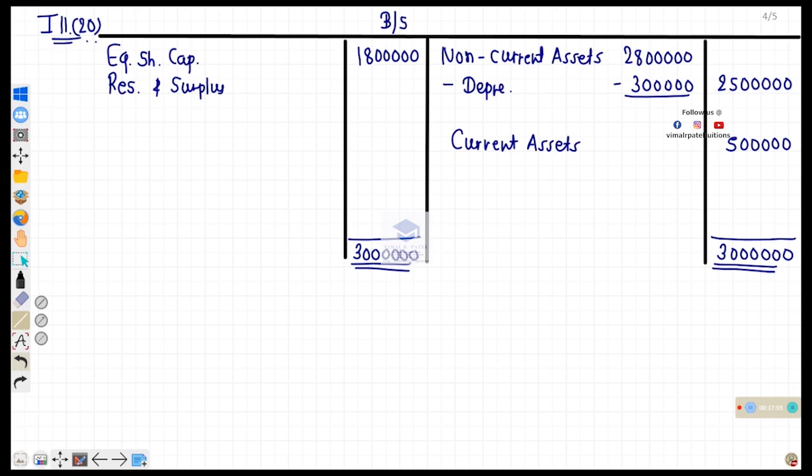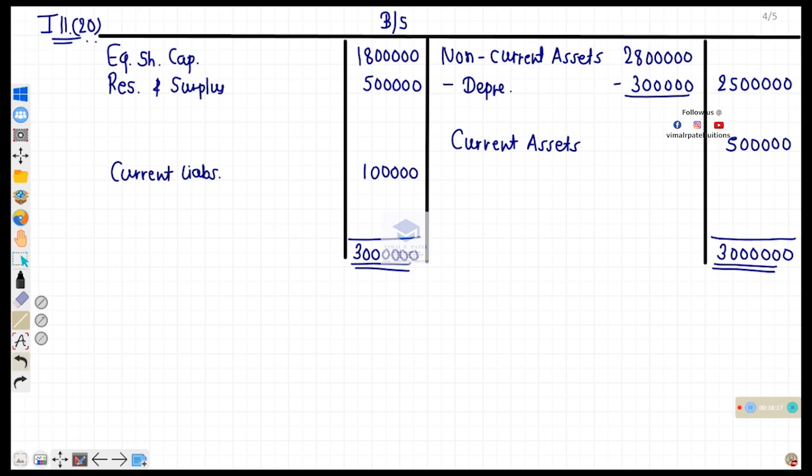Reserve and surplus 5 lakhs. Current liabilities 1 lakh.